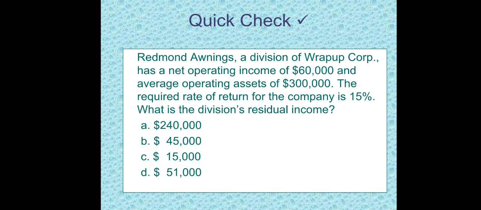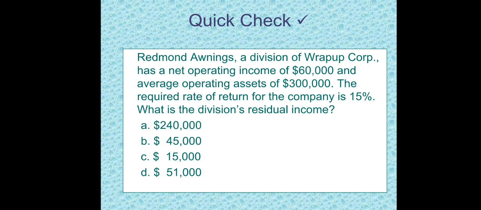Now the question asks you to use residual income to evaluate the performance of the manager. Redmond Earnings, a division of Wrap-Up Corporation, has a net operating income of $60,000 and average operating assets of $300,000. The required rate of return for the company is 15%. What is the division's residual income?